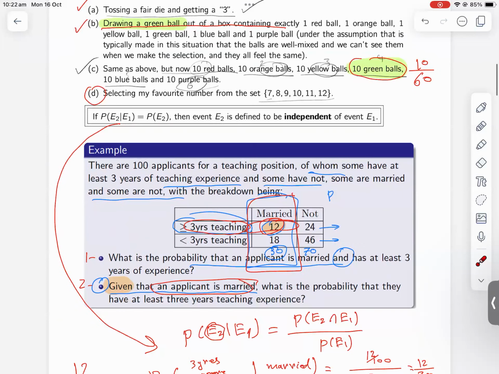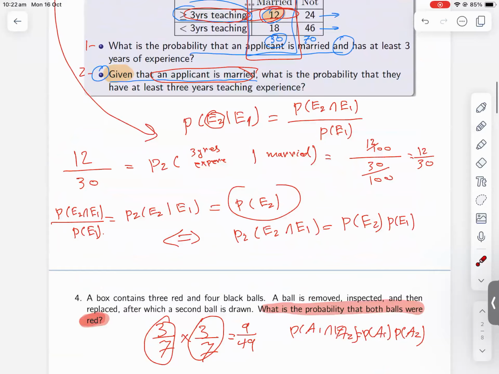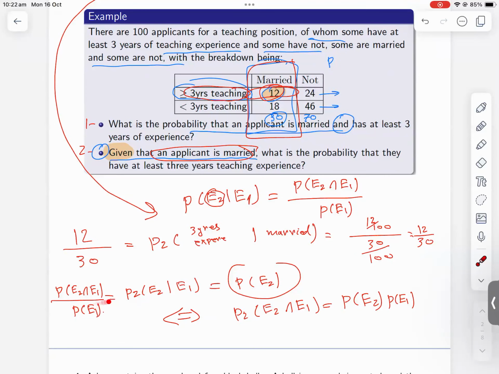Now we see that two events, E1 and E2, are independent if the probability of E2 given E1 is equal to the probability of E2. In another way, the definition is the probability of E2 given E1 equals the probability of E2 intersection E1 divided by the probability of E1. We say this is independent if it is equal to the probability of E2.